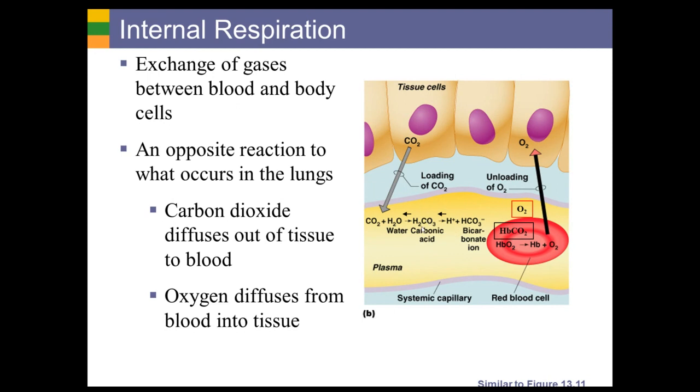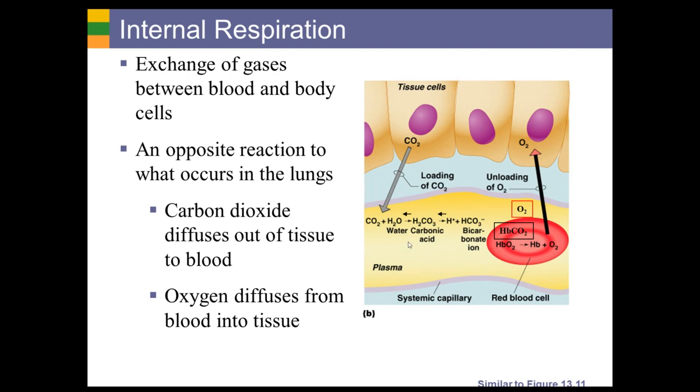Because carbonic acid is an acid, and when it dissociates, you get hydrogen ions. So the higher the carbon dioxide levels in the blood, the more hydrogen ions you have, or the greater the hydrogen ion concentration, and therefore the lower the pH. So as carbon dioxide levels rise in the blood, pH declines. That means you would expect blood in the veins to be of a lower pH than blood in the arteries, or at least I should say the systemic arteries, of course.